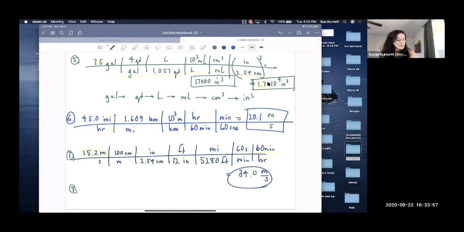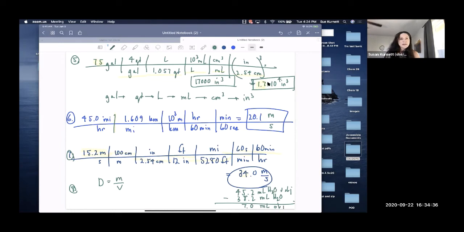Okay, so here we have density is mass divided by volume, but the volume was determined by displacement. We started with 38.2 milliliters of just water, and then we have 45.2 milliliters of water plus objects. We subtract to find how much of that volume is the object, and the answer is 7.0.